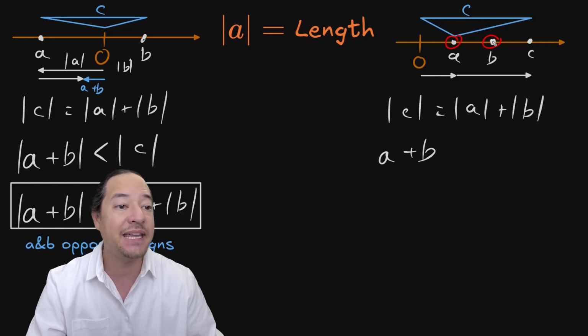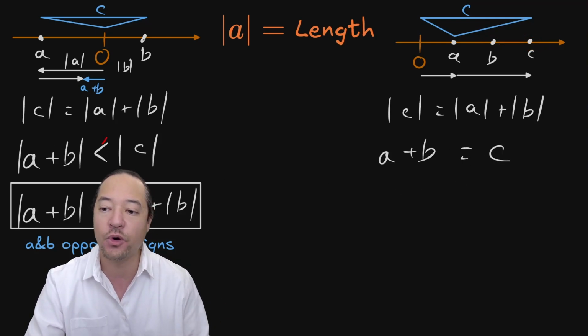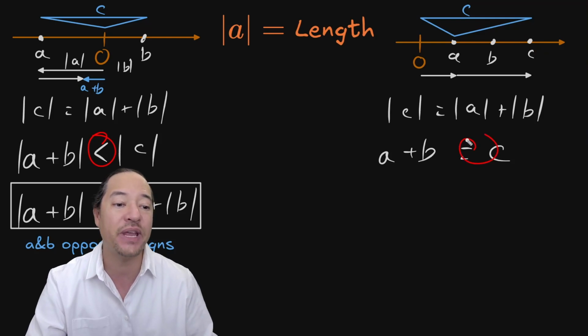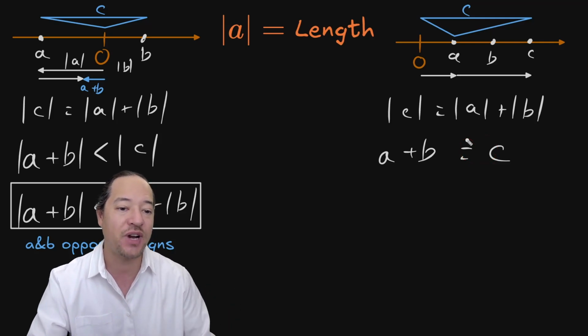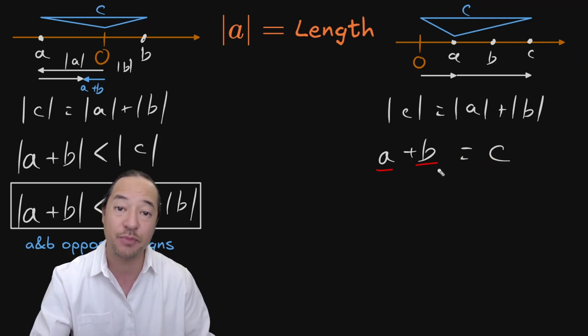Well, A and B are both positive numbers. So if we add A and B, we're just going to get this number C. So this is equality now. While before we had this less than sign, now we have equality because A and B both share the same sign. This is a true addition. This is not subtraction. This is going to be a positive number plus a positive number.